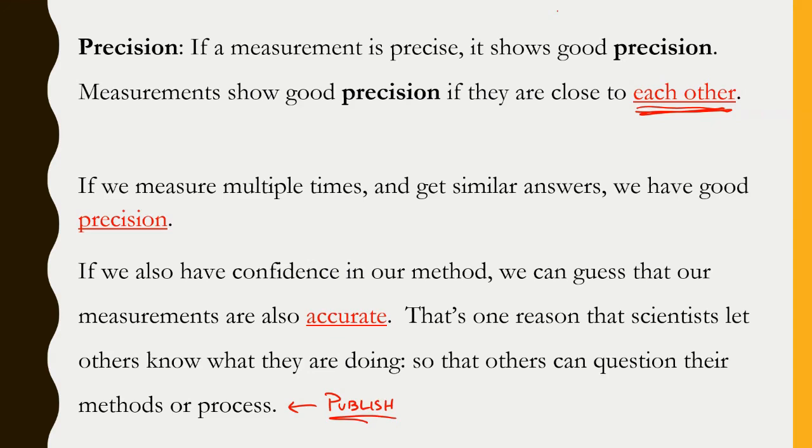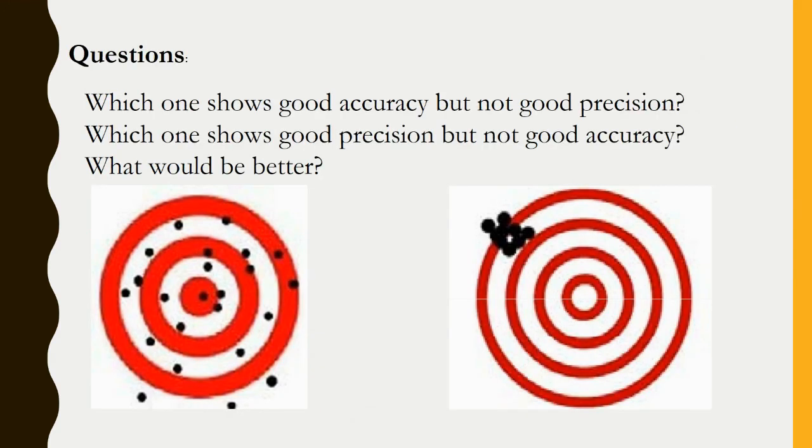Now, with this idea of accuracy and precision, let's look at this in more simplified terms. We have a couple of questions. Which one shows good accuracy, but not good precision? Go ahead and take a look at our two boards here. On one of them, we have dots all over the place.